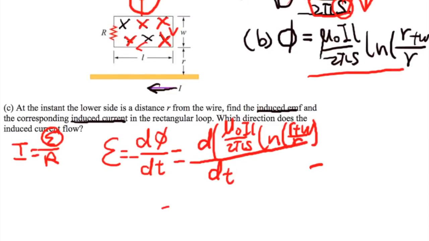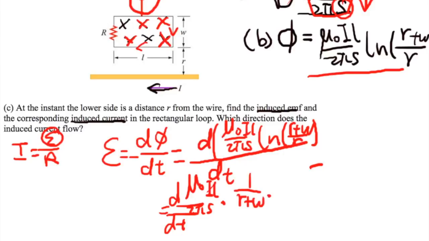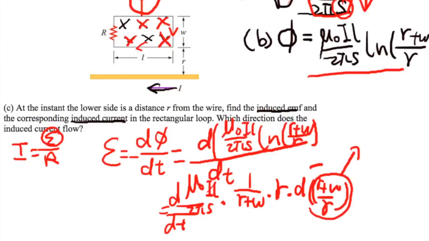Basically, I'm going to just write out a constant first, times, since it's the derivative of ln, which is basically the reciprocal of r plus w, times the reciprocal of 1 over r plus w, which is r, times the derivative of r plus w over r, which we'll figure out this whole thing equals w over r squared and negative.